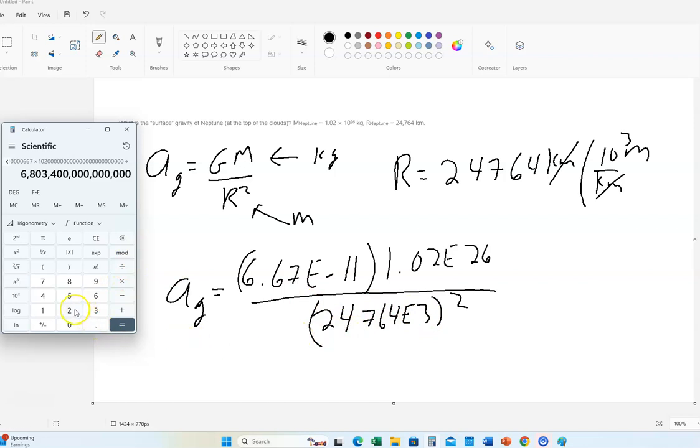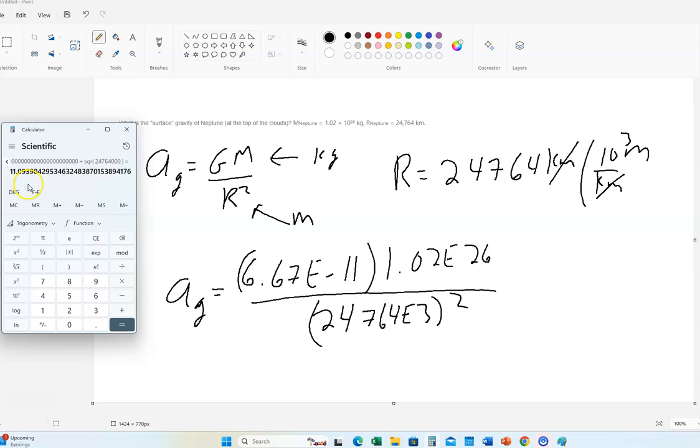So it's going to be 24,764 times 10 to the third, but I've got to square that. If I hit this x squared, that'll square it, and then equals.